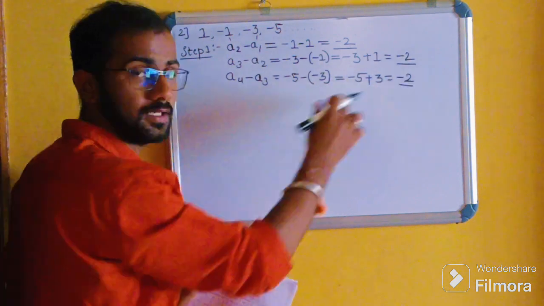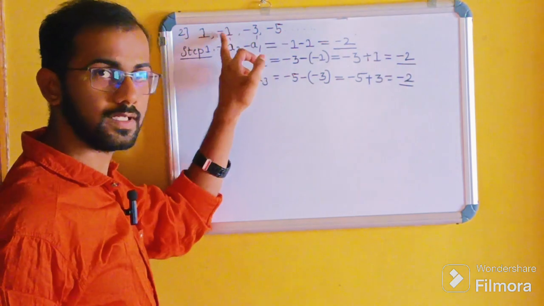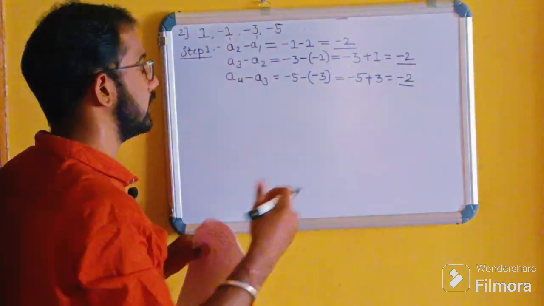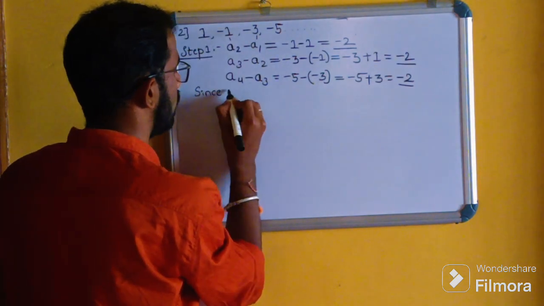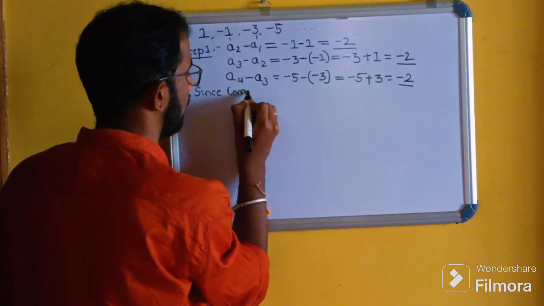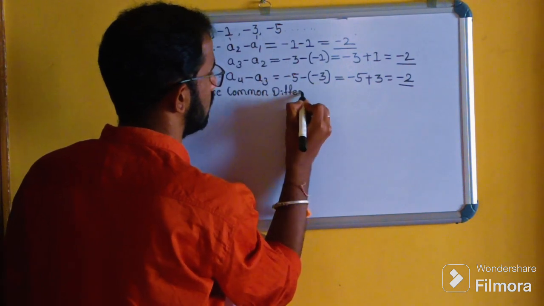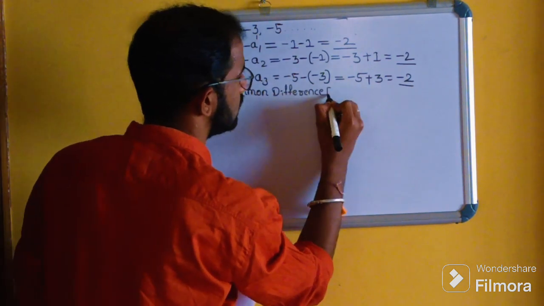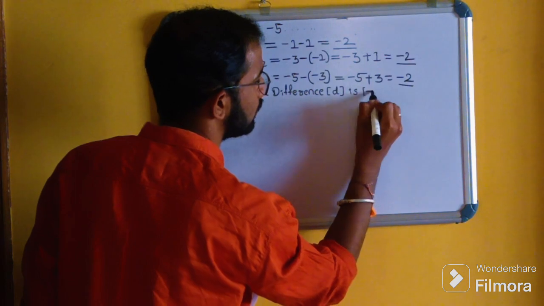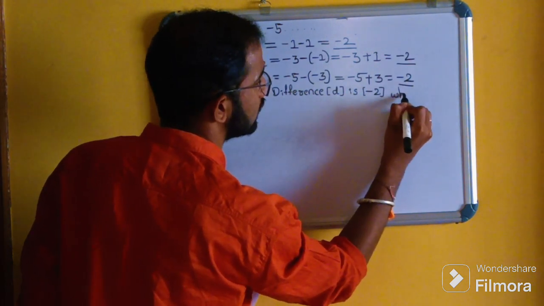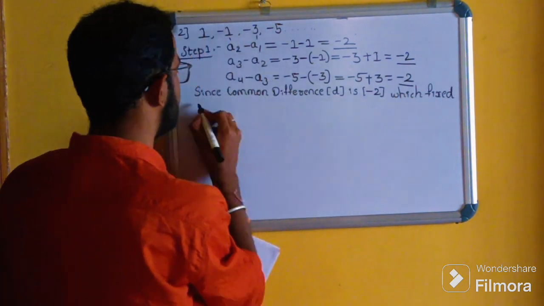Since the common difference d is -2, which is fixed, hence the given sequence is an arithmetic progression.